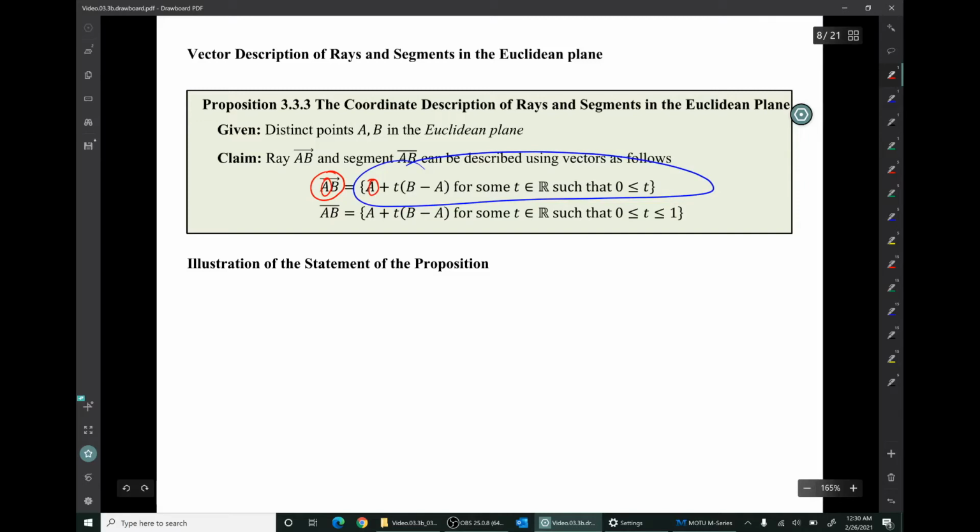Put point A there and there, put point B here and here, put a parameter t there, and require that t be greater than or equal to 0. The claim is that that collection of points corresponding to vectors constructed that way is ray AB.